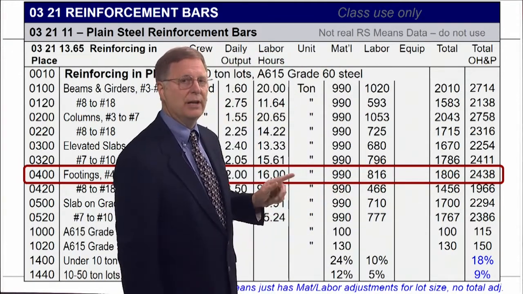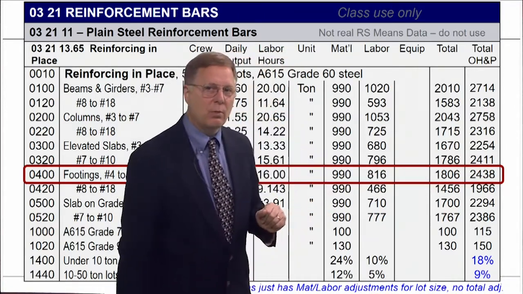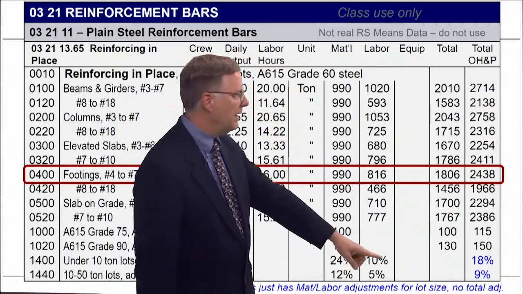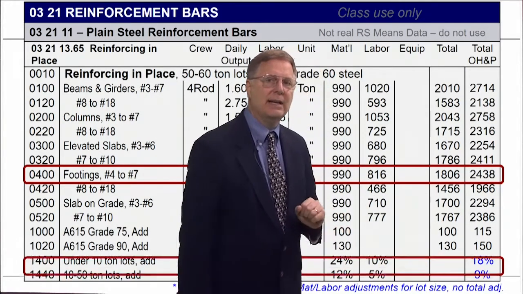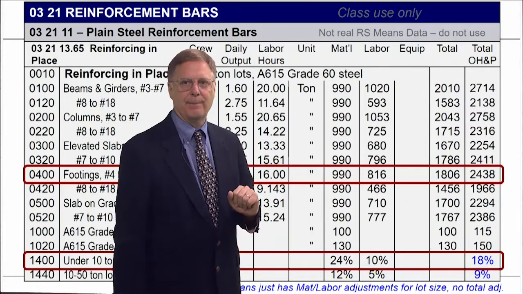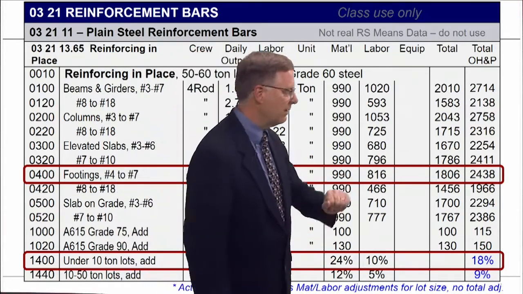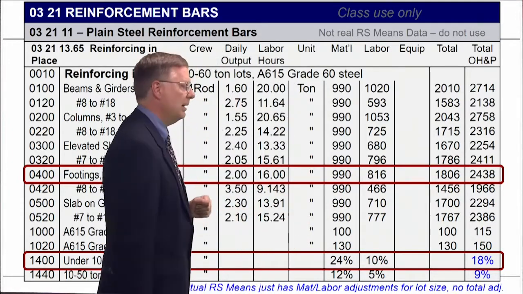$2,438 per ton. So that's my cost to put together the reinforcement, but we never forget, we've got to bring in this additive because we are in a situation where we're under 10 tons. So we're going to be multiplying that 2,438 by 18%. 1.18 is the factor.